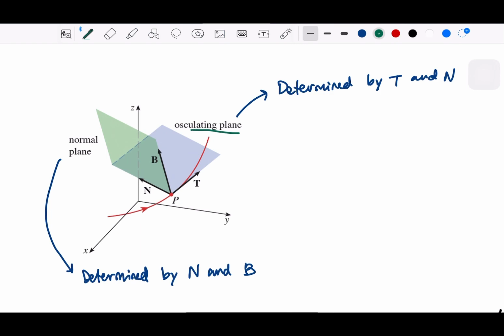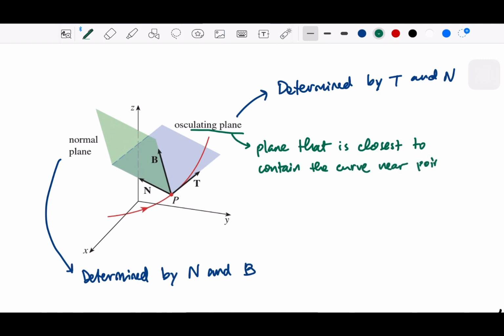The osculating plane is the plane closest to the curve near that point, and the term osculating comes from the Latin word osculum, which means kissing, which means it's going to be closest to the curve.